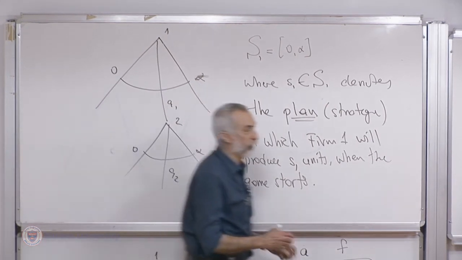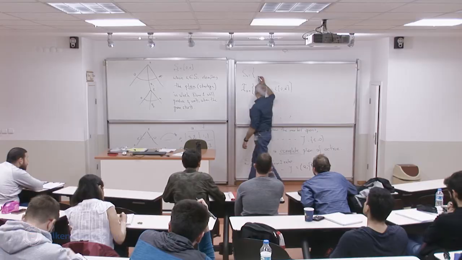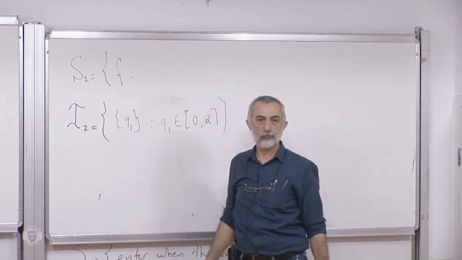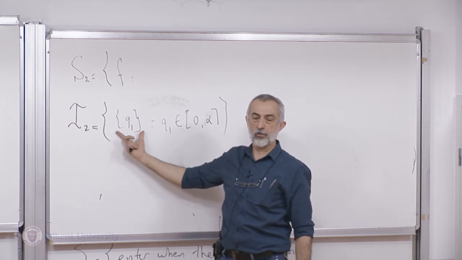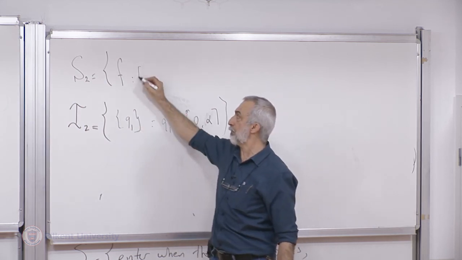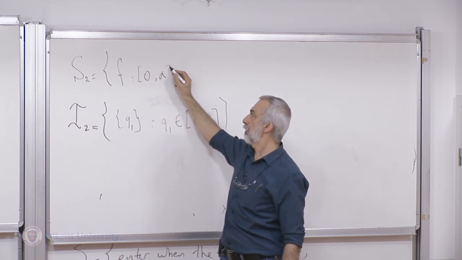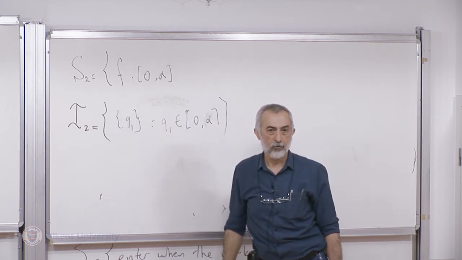Which means that it's a function whose domain is these information sets, which we can represent simply by a number from 0 to alpha, right?